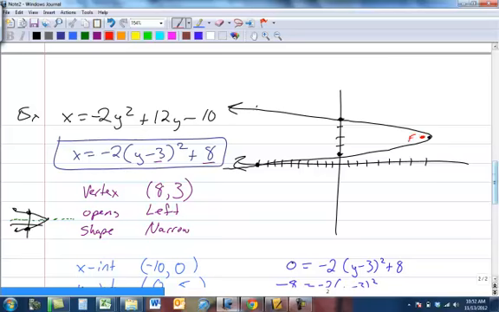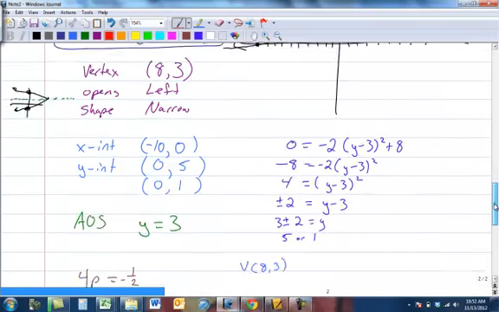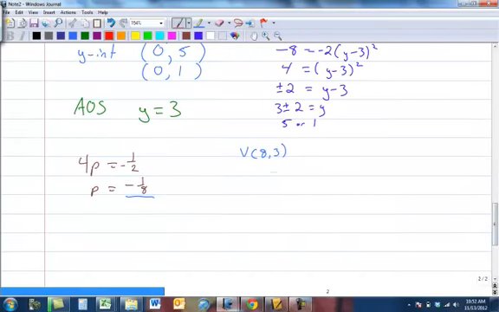Did the y-coordinate change? No. The y-coordinate's still up here at 3. What happened was the x-coordinate changed. It went down 1/8 of a unit. Now, you guys know how much I hate mixed numbers. However, I'll let you use it here. So, this was 8. It went down 1/8 of a unit. So, our focus is at 7 7/8, comma 3.